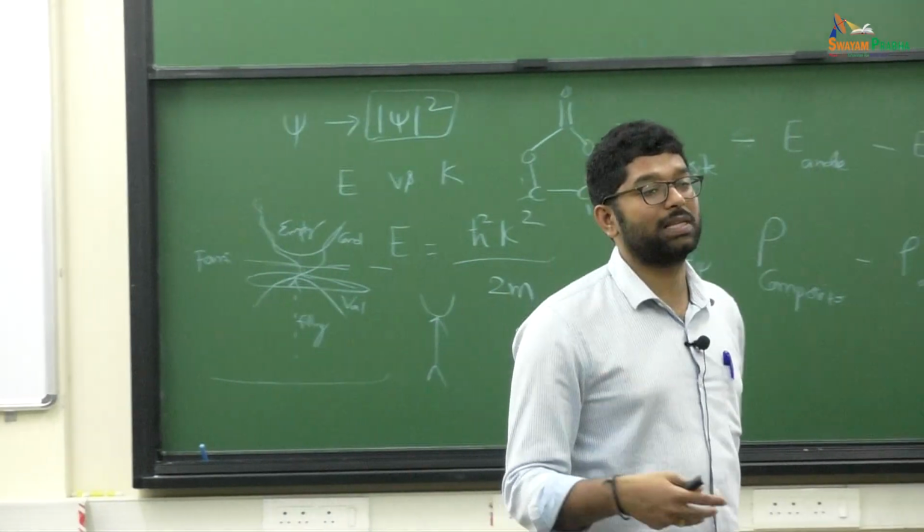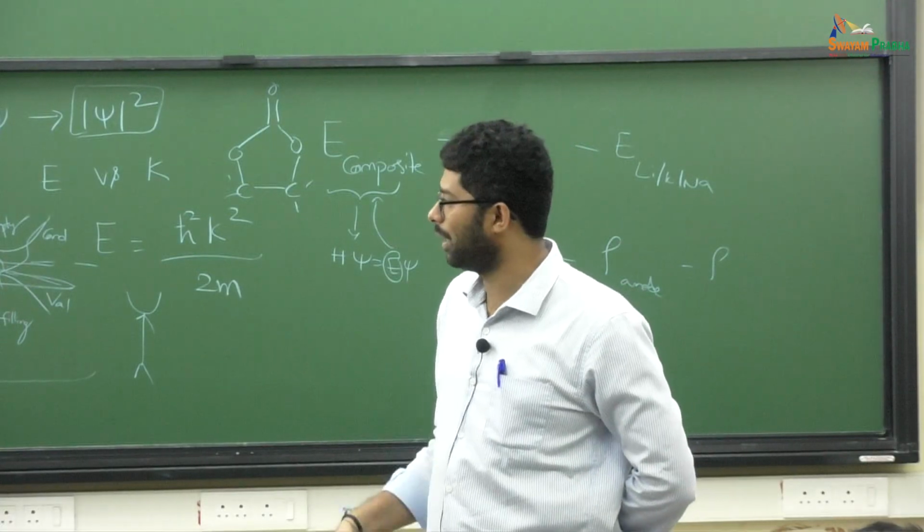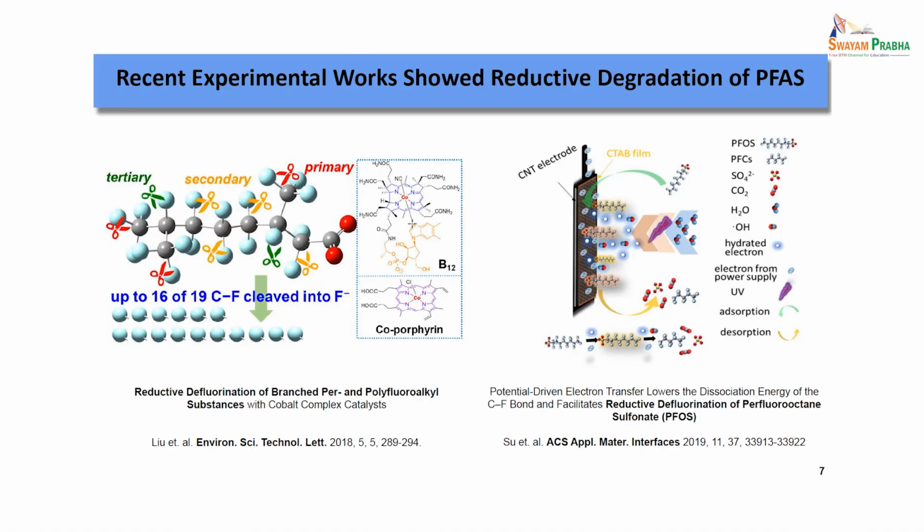The treatment process is what we are trying to study, like what kind of things we can use to treat this chemical. Recent experiments suggested that this is based on the cobalamin complex, so cobalt-containing catalysts can be useful to degrade the CF bonds. Another study showed that hydrated electrons, which are powerful reducing agents, can also be used to degrade the compound.